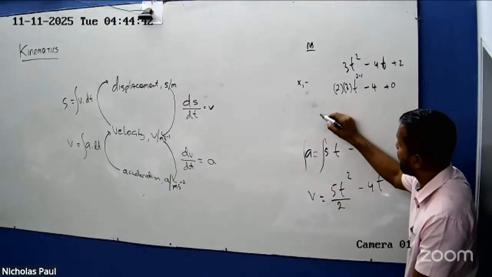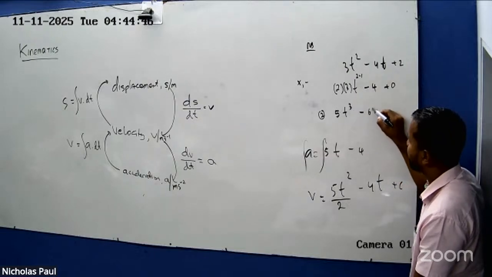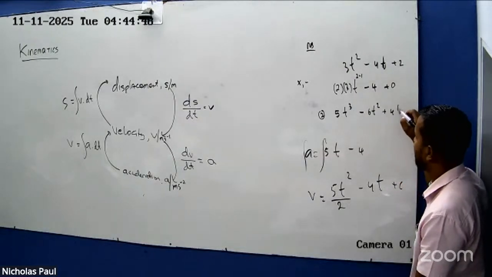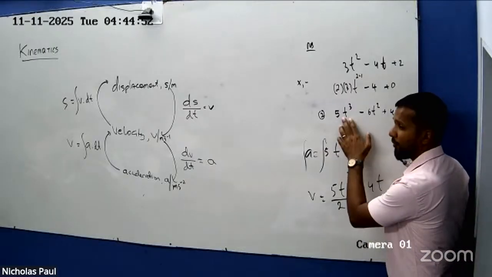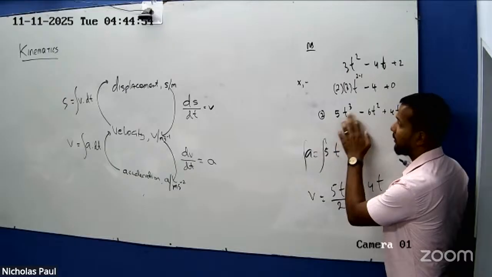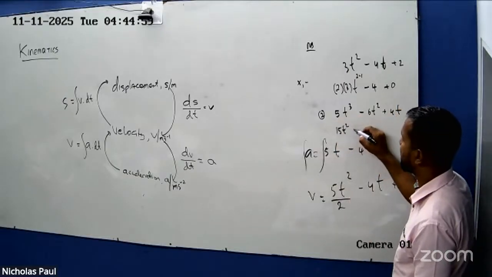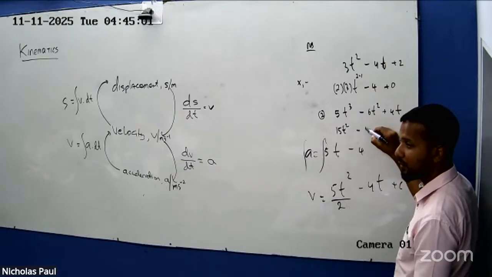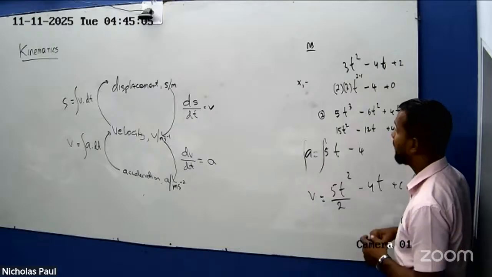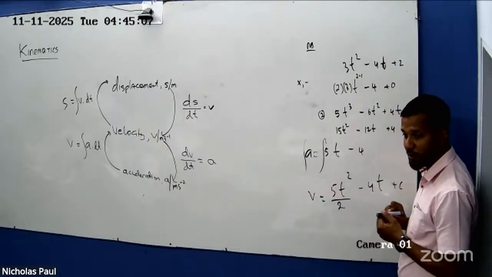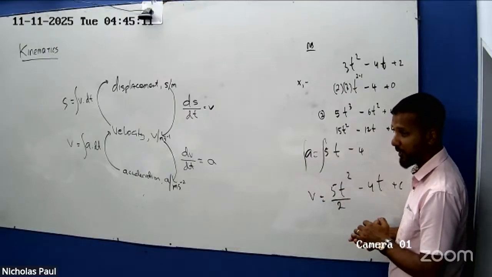Stefan, do this mentally. Come on. 15t squared minus 12t plus 4. We need to remember how to differentiate, because you don't know what direction they'll give it to you.